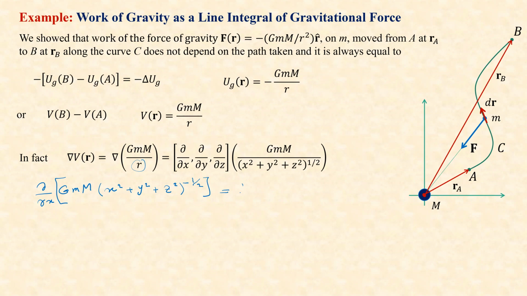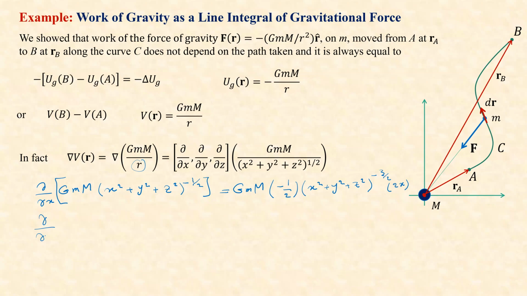So this becomes GMm, which comes out of the derivative, and then you have negative 1/2 times the parentheses x squared plus y squared plus z squared to the power negative 3/2 times the derivative of the parentheses with respect to x, which is 2x, right?